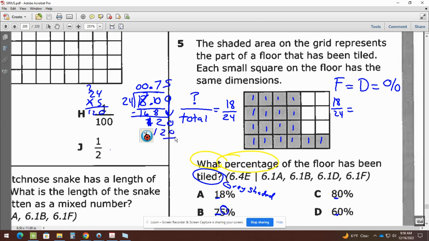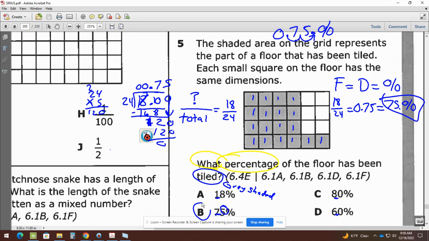Now I know that the decimal is 0.75. Now can I go to percent? How do you go to percent? Twice to the right. So 0.75, 1, 2. Put the percent. 75%. Boom. The answer is B.